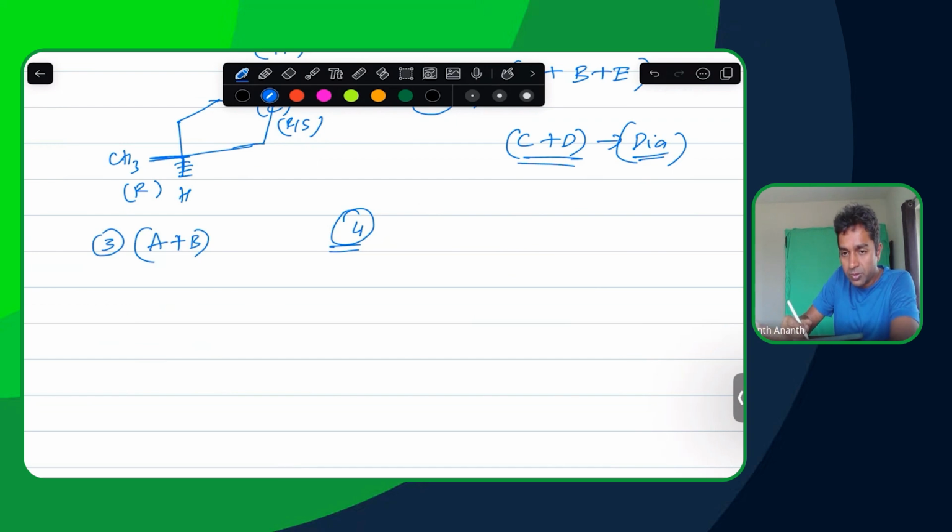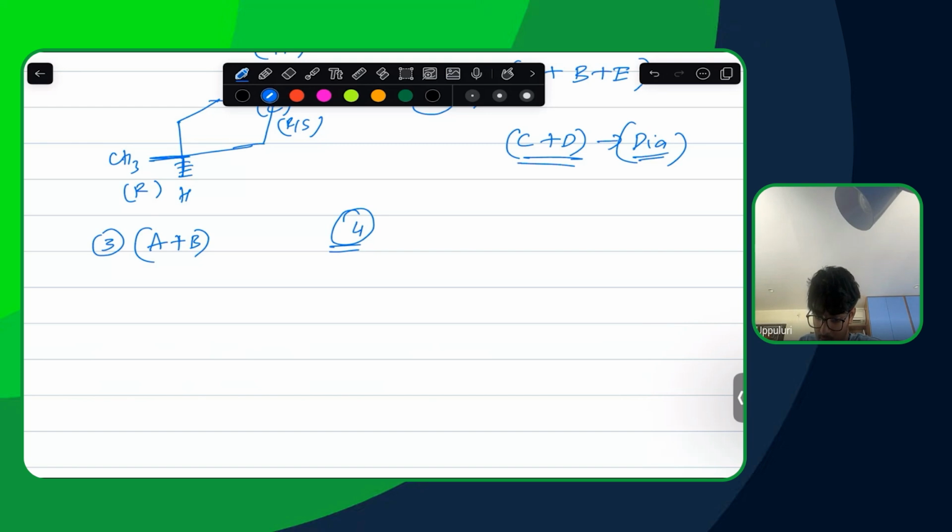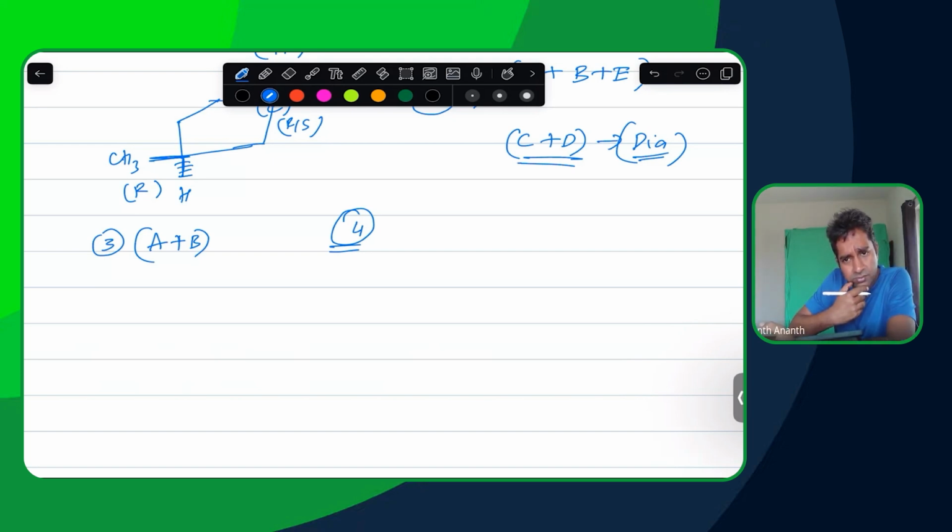What are my possibilities: 1, 2, 3, 4, 5, 6. Okay, so a 6 carbon chain. So the fourth compound answer is 4 now, obviously. One second. No, sir, it's C. Nah, C is not correct.